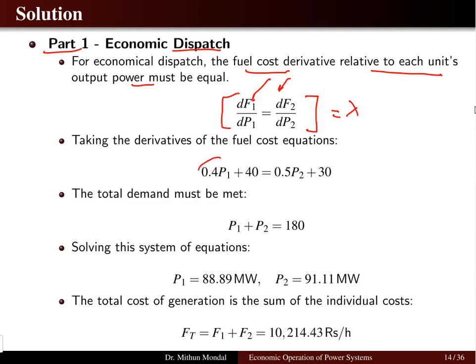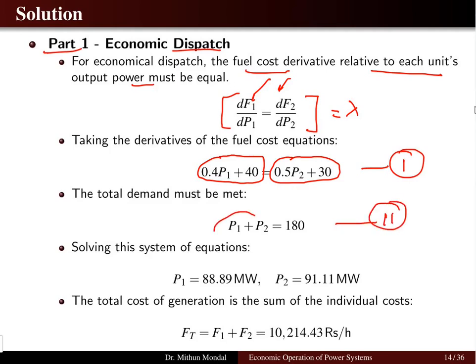If we take the differentiation of the first expression with respect to P1 and the second expression with respect to P2, and equate these derivatives, we form one equation involving 2 variables P1 and P2. We need one more equation, which comes from the total power demand, P1 plus P2 equal to 180. Now we have 2 equations in 2 variables. We can solve it and find the powers P1 and P2.